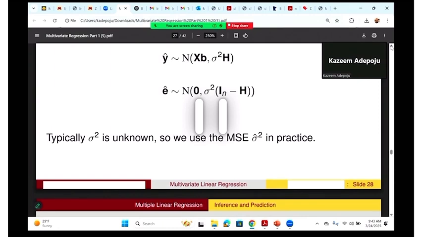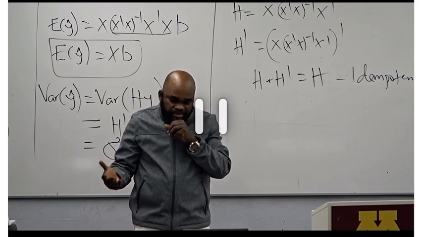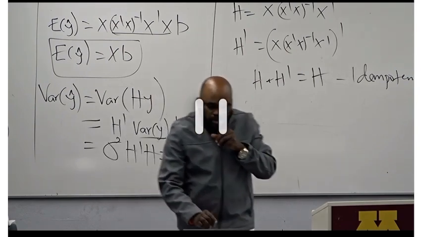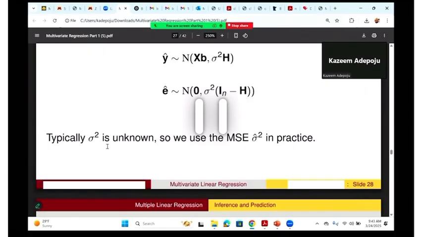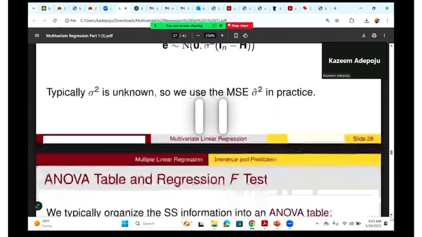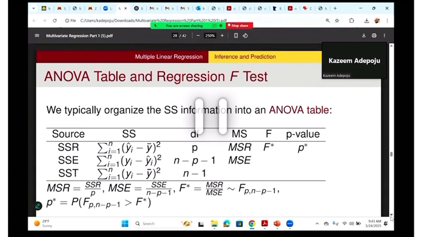The MSE is the one that you derive using the sum of squared errors divided by the degrees of freedom. In practice, in the situation where sigma squared is unknown, we use the MSE.